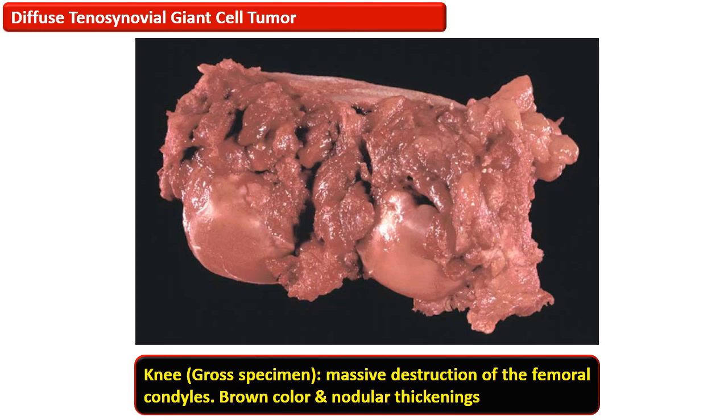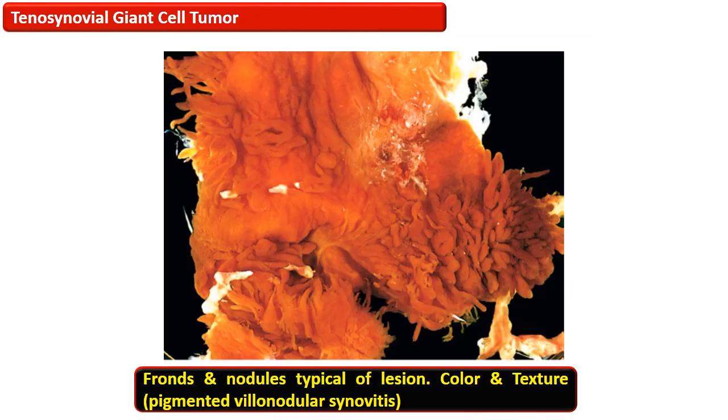The surface is nodular and brown in color. It is looking like a tangled mat due to these brownish folds. This gross picture of the excised synovium more precisely represents the tangled mat appearance of tenosynovial giant cell tumor.